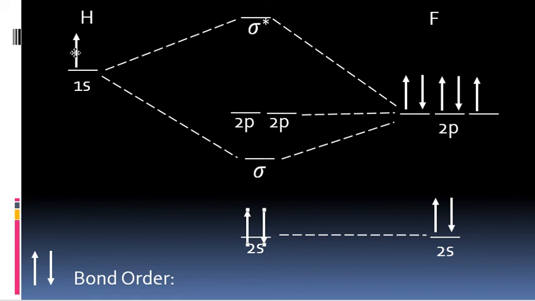Now, let's start filling those molecular orbitals first. So the sigma bonding orbital is going to take an electron from both atoms. Cool. Now I still have 4 electrons left over from fluorine. Well, those are going to be used to fill the non-bonding orbitals, or the 2p orbitals that did not participate in forming molecular orbitals.